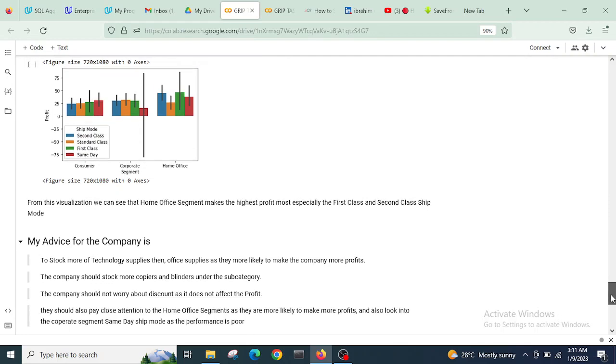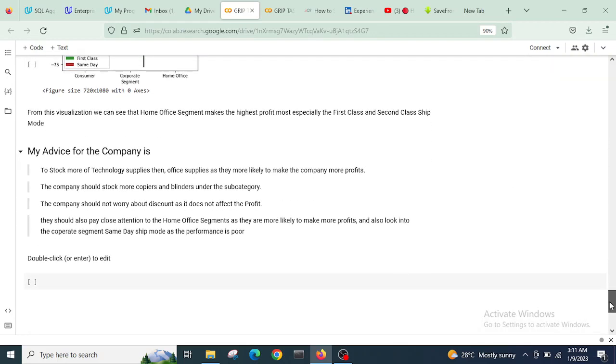Some of the advice we dropped for the company was to stock more technology supplies and office supplies, as they are more likely to make the company more profits. The company should stock more copiers and binders under the subcategories, because they make the highest amount of profit. The company also should not worry about discounts, as they don't affect the profit.